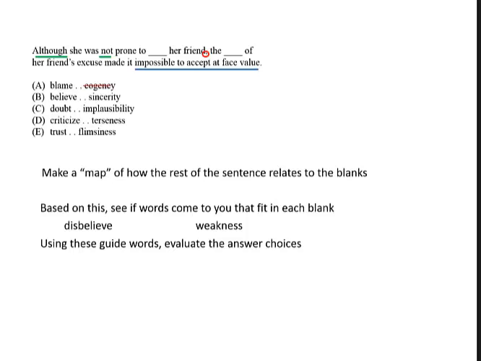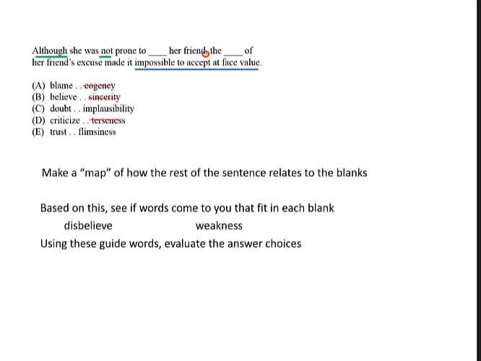Sincerity would also say that I should take the friend at face value. Terseness only means speaking very quickly and not elaborating much. It doesn't necessarily mean something that should not be believed, so I don't like that one either. Implausibility and flimsiness both fit my general sense of that word, which is weakness.